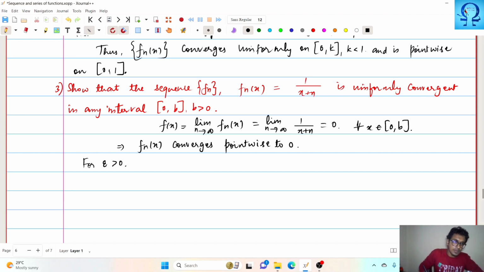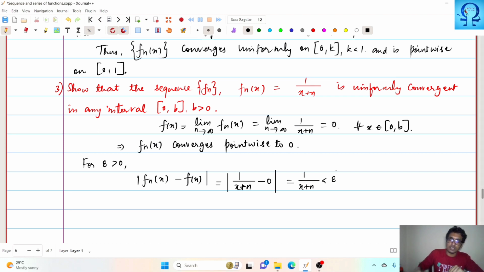For any epsilon positive, we would like to have absolute of Fn of x minus f of x less than epsilon. What is this absolute of Fn of x minus f of x? It is absolute of 1 upon x plus n minus 0, which is nothing but 1 upon x plus n.